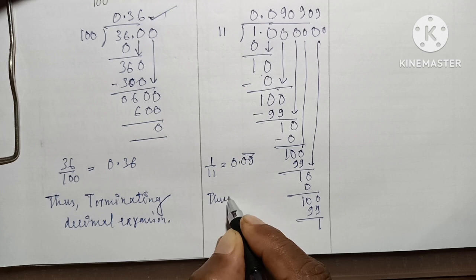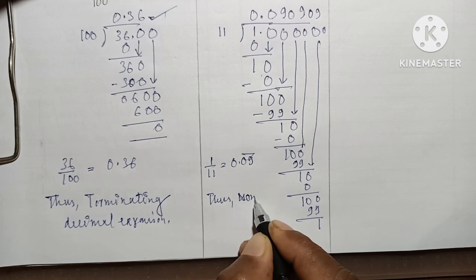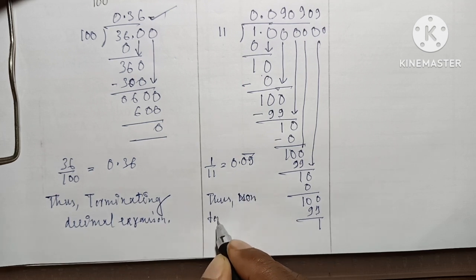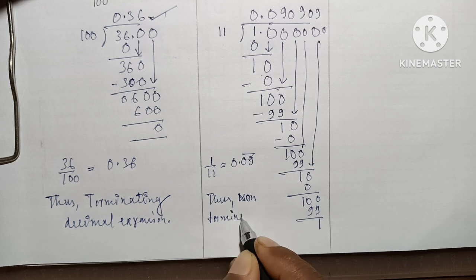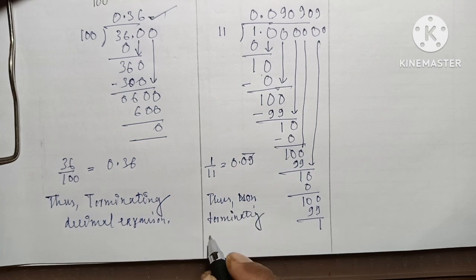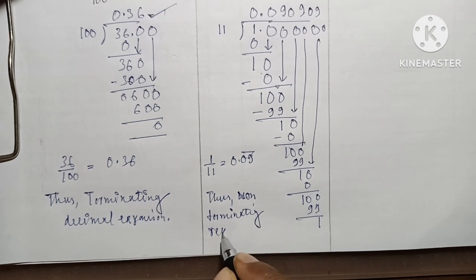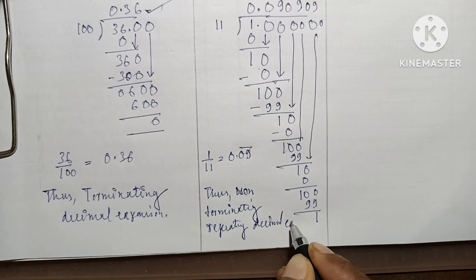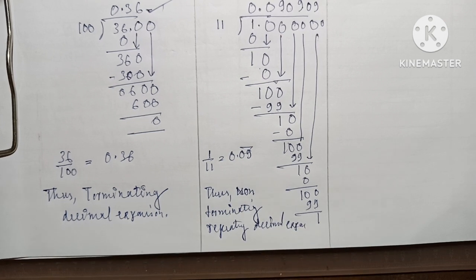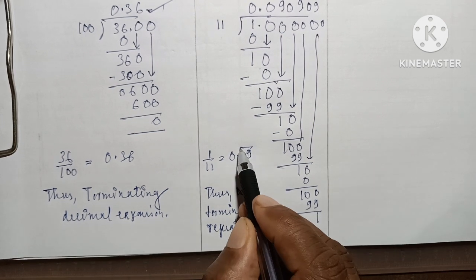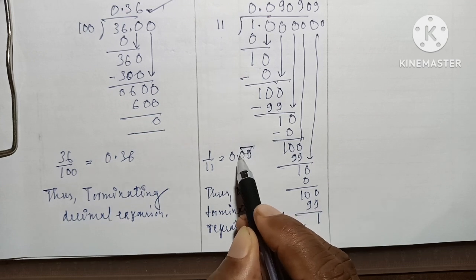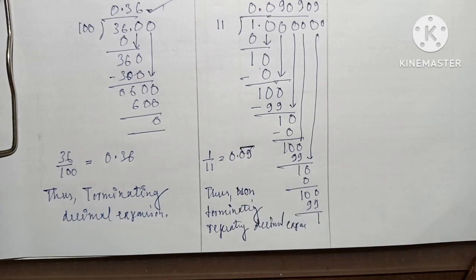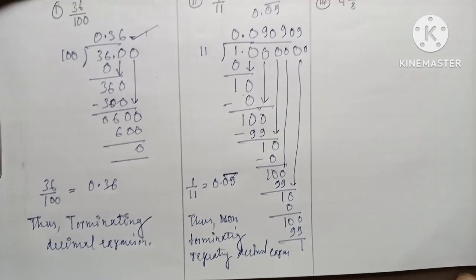Thus it is a non-terminating repeating decimal expansion, because this is the block, 0.09, the repeating block.